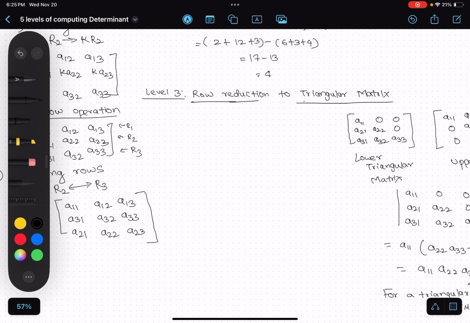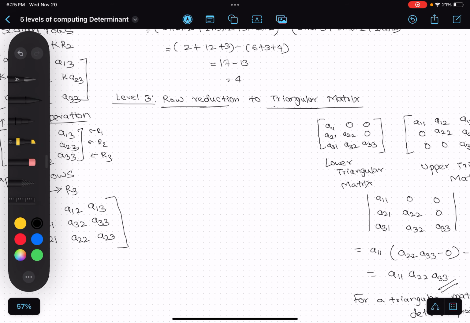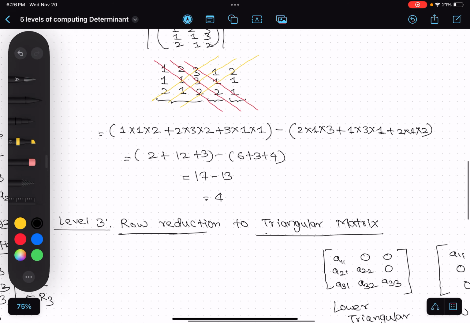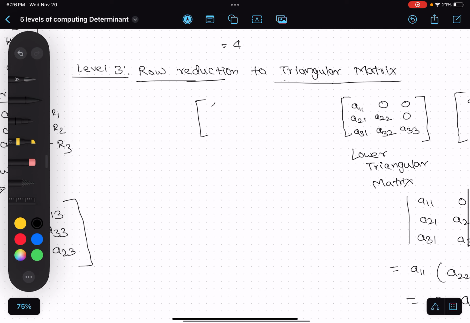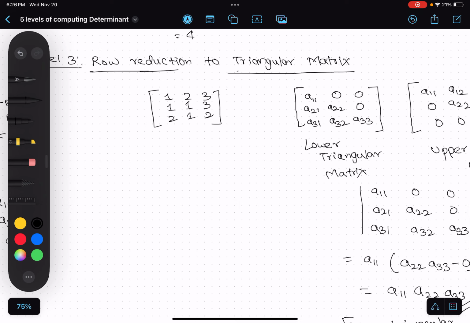Now, using these row operations, for the given matrix, which in this case is 1 1 2, 2 1 1, 3 3 2, we will say that the determinant of this matrix is D. We will go on doing row operations on this matrix such that we eventually make it a triangular matrix.